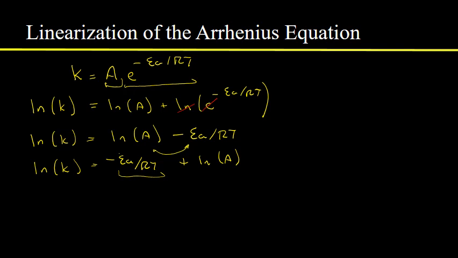Since we are looking at the effect of temperature on the reactions, we want to try to isolate temperature here. So I'm going to rewrite this as negative Ea over R times 1 over T plus natural log of A. Okay. And that looks a little bit weird, I admit.